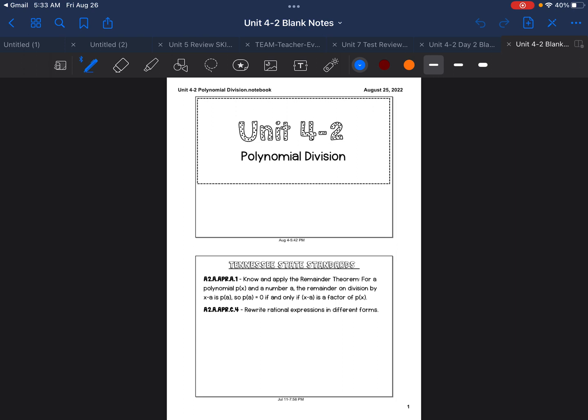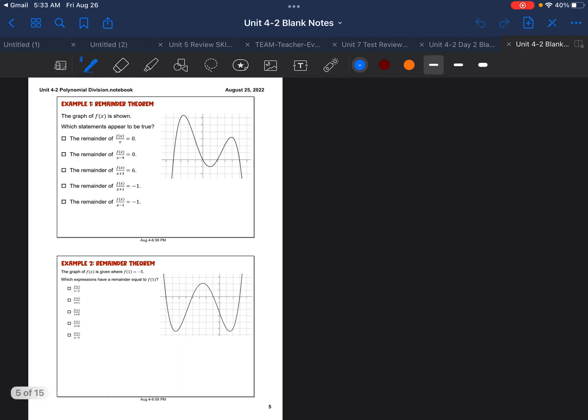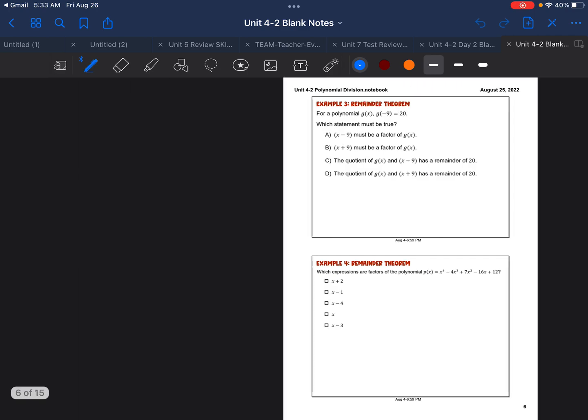The sub should have given you guided notes, so if she didn't, tell her that you're supposed to have gotten notes. But I'm going to go through the first part of the 4-2, which is examples 1 through 4.